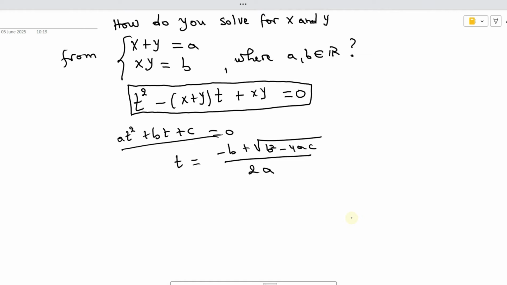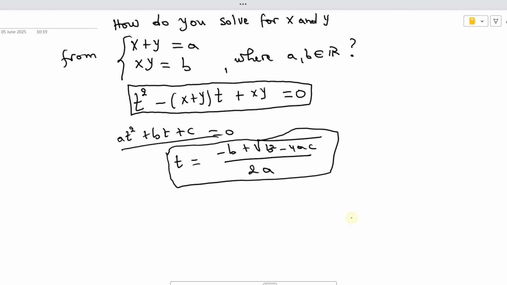So this is the general solution of a quadratic equation, and that's what we all need to know. Once we have this, we are able to solve the system of that form.